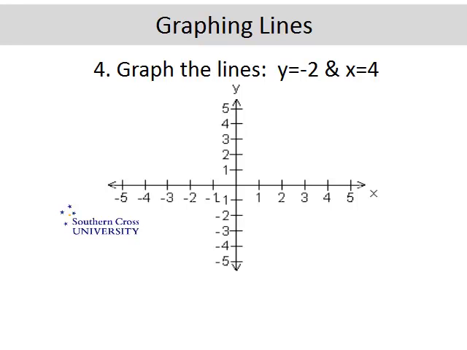One way that helps me an awful lot with these is that if it's got y equals -2, that's trying to tell me that the y coordinate is always -2. So in other words, we could have points like (0, -2), (1, -2), (-5, -2). So the y coordinate is always -2.